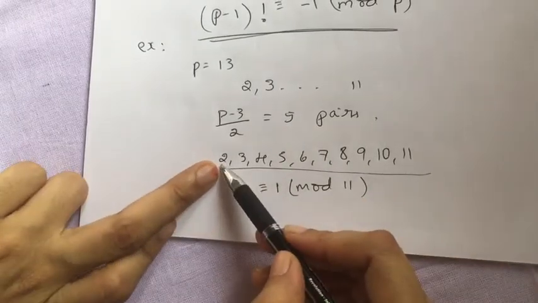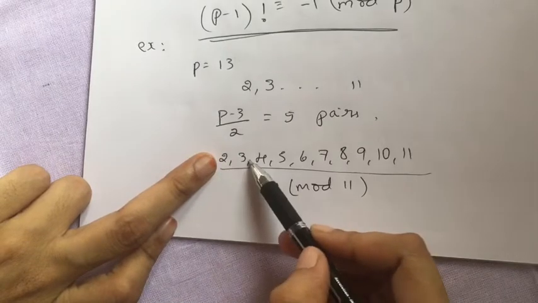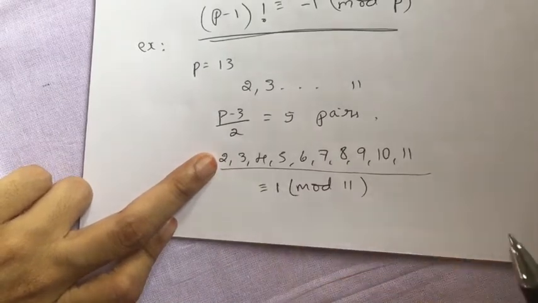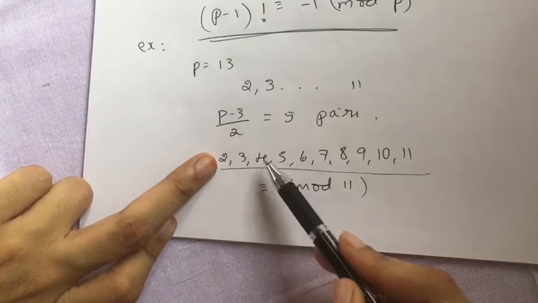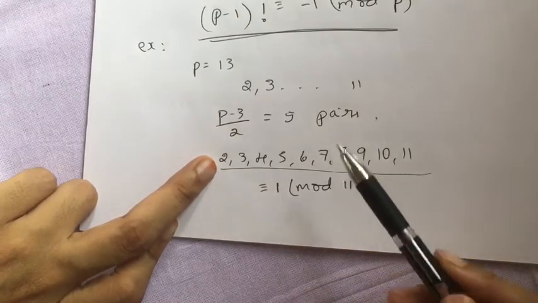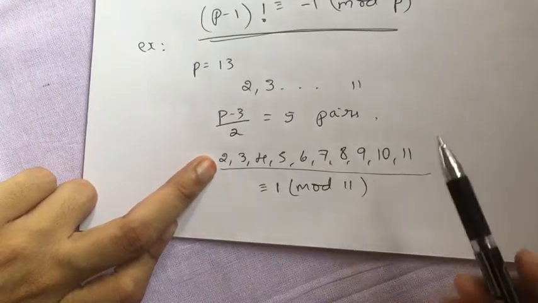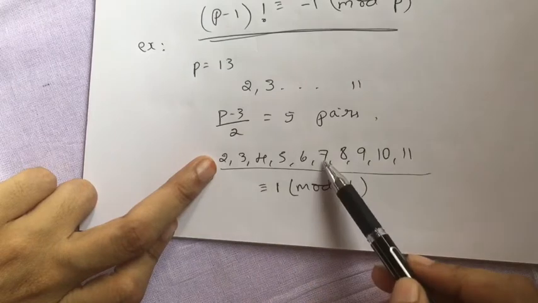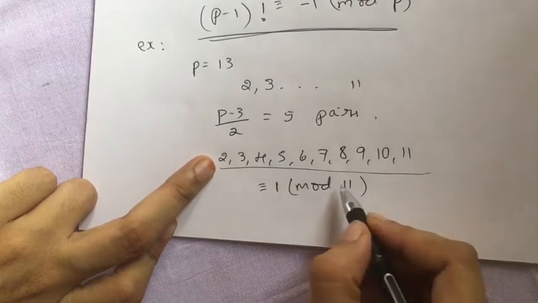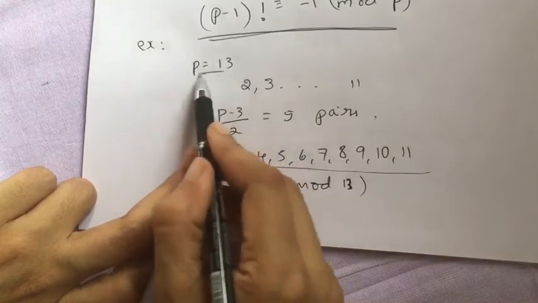With 2, when I consider 2 into 3, I cannot take it as it comes out to be 6, so it won't be congruent to 1 mod 11. 2 into 4, 8, again not possible. 2 into 5 comes out to be 10, 10 minus 1 cannot be divided by 11. So let us take 2 into 7. Sorry, with respect to mod 13, I should check. Yeah, p is 13, no? I'm sorry.